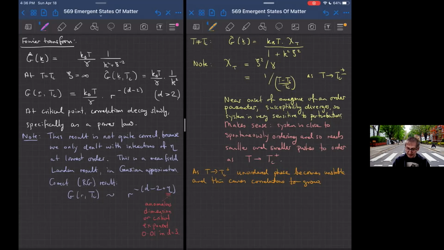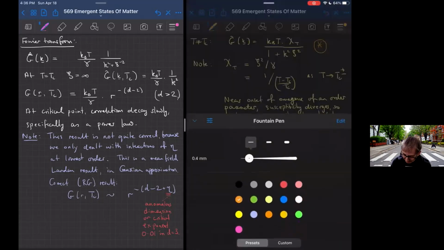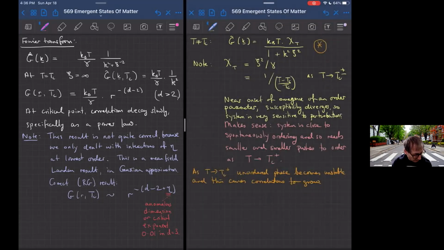Okay, so now what we could do is we could imagine that we take the formula that we have over here, and we could do the inverse Fourier transform of that, which you can certainly do. But let me show you a different way to do it. So what I want to do now is switch gears and calculate this from special function theory.